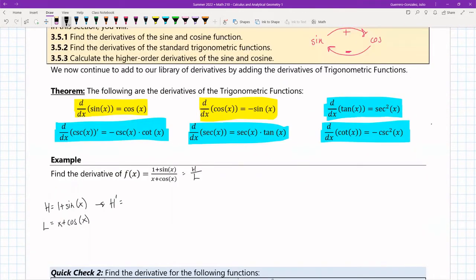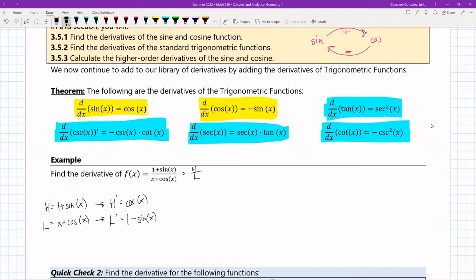The derivative of sine is just cosine, so it's just going to be cosine of x. And the derivative of the low is going to be 1. The derivative of cosine is negative sine, so 1 minus sine of x.